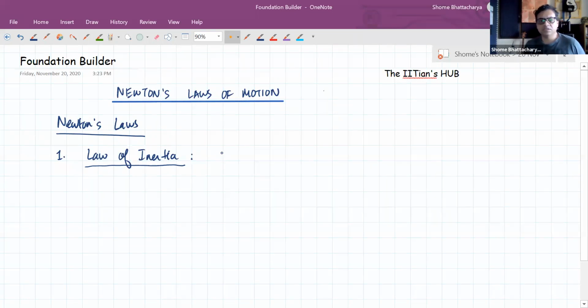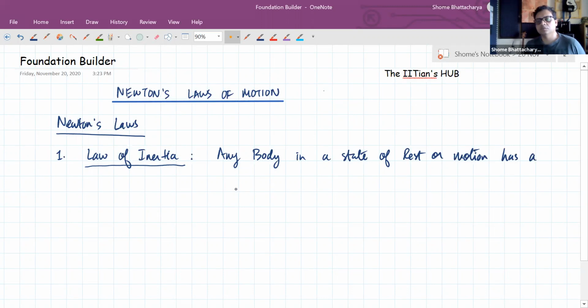So the property of inertia is such that any body in a state of rest or motion, whichever be the case, has a tendency to continue in its state, whatever that state is, whether it is a state of rest or uniform motion.